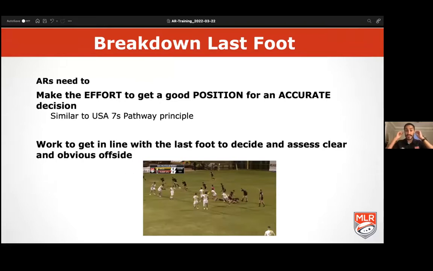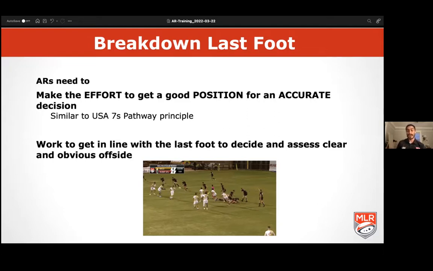Breakdown last foot, however, is of course a much more dynamic, much more fluid sort of situation. The way that we work with breakdown last foot with the ARs in MLR is a very similar principle to the one the USA 7s pathway uses with the ARs: make an effort to get a good position for an accurate decision.